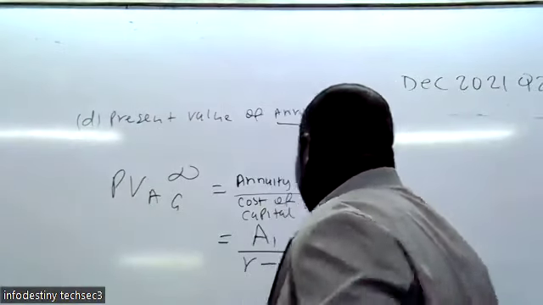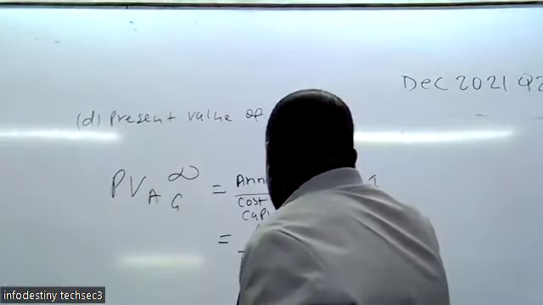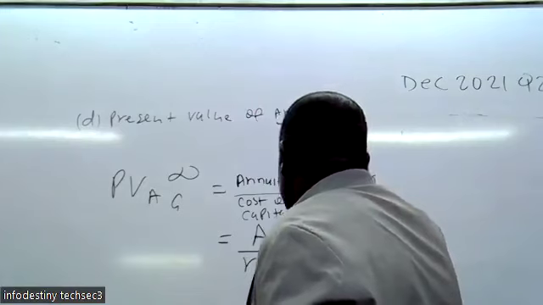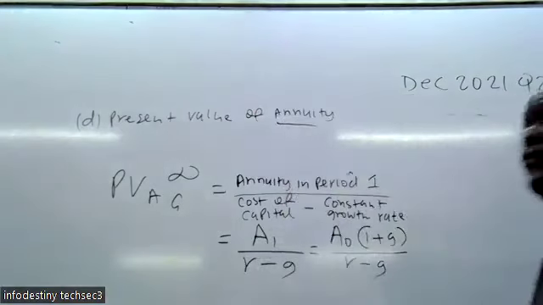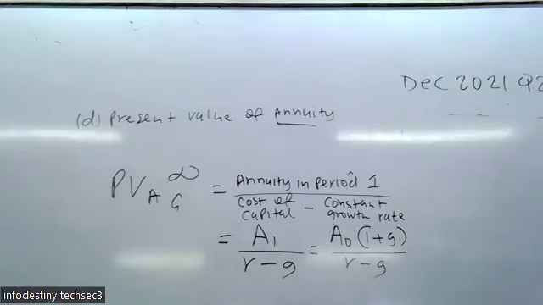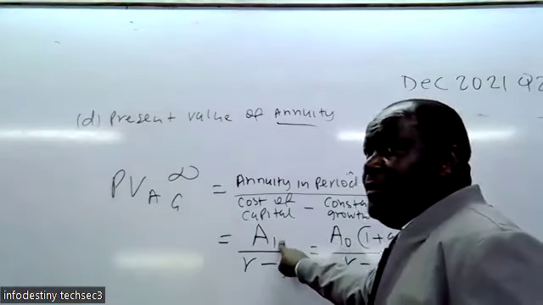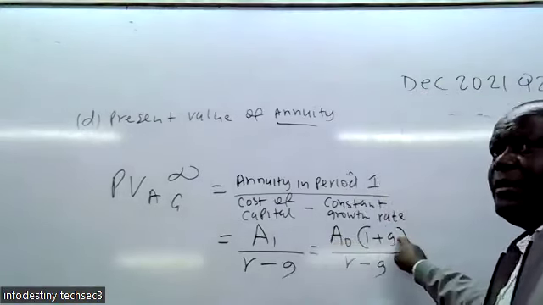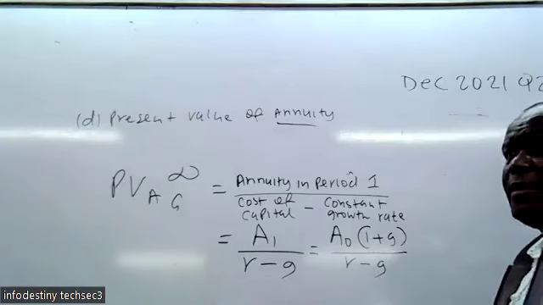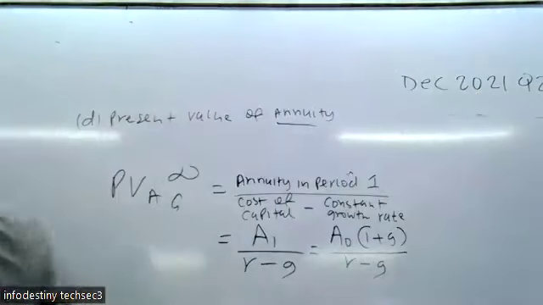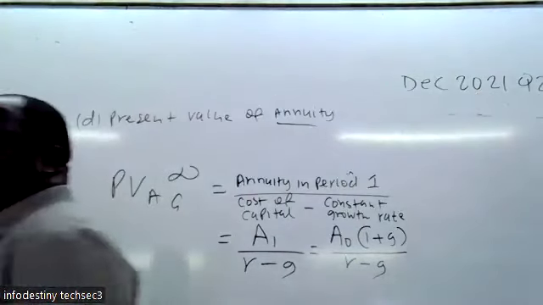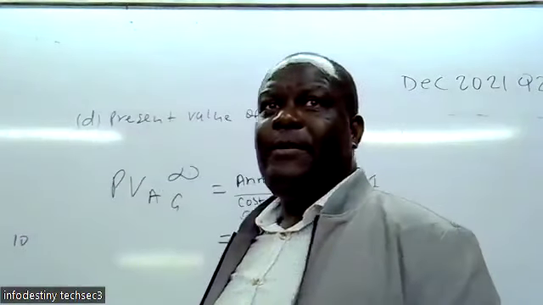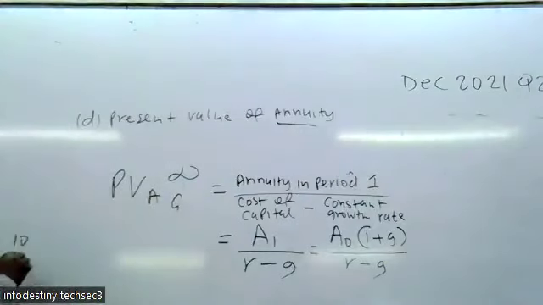To get the annuity in period 1, you simply take the annuity in period 0, then 1 plus G. So we divide by R minus G. If you want to get the annuity in year 1, you take the annuity in period 0, then increase it by the constant growth rate, G. Like now, if this year I have 10 shillings, but I'm told that it is growing at maybe 5%.